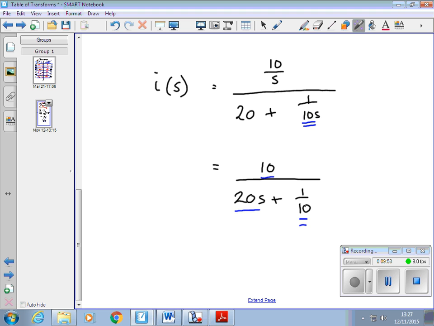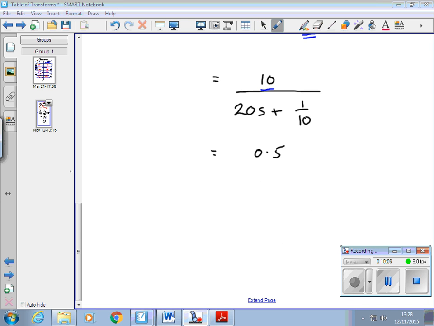So that would be my next step, divide by 20. 10 divided by 20 is 0.5 over 20S divided by 20 is just S, and 1 over 10 times 20, which is 200. Divide all terms top and bottom by 20.